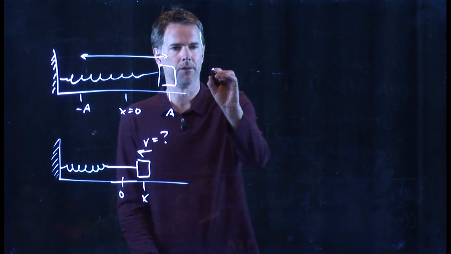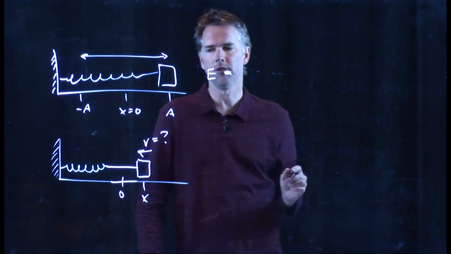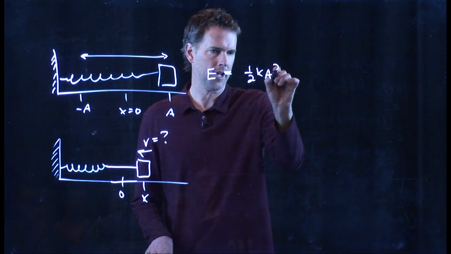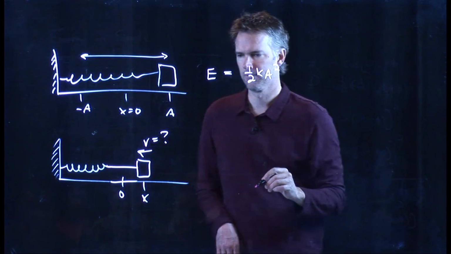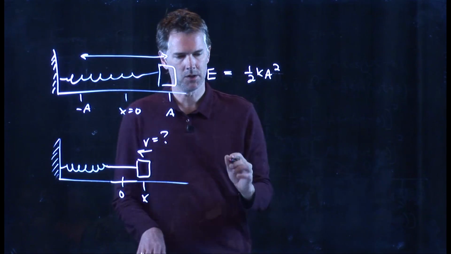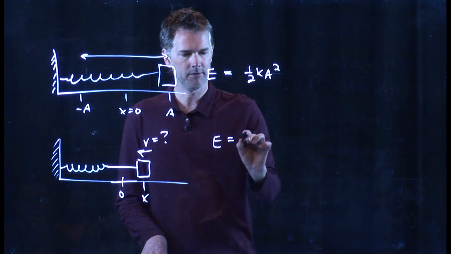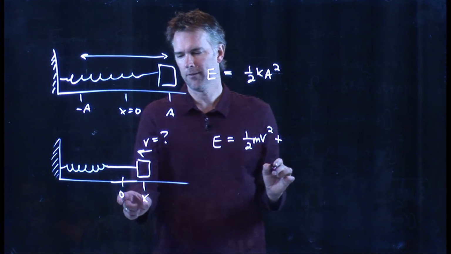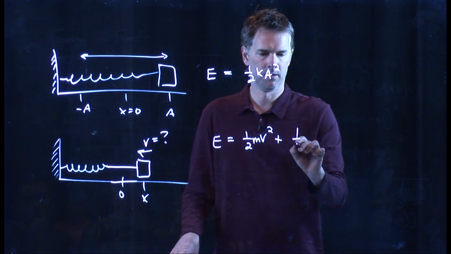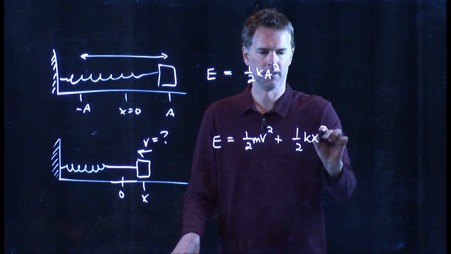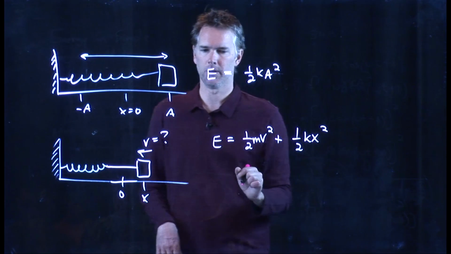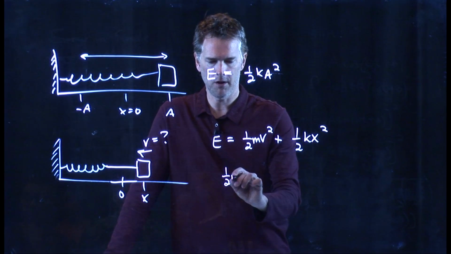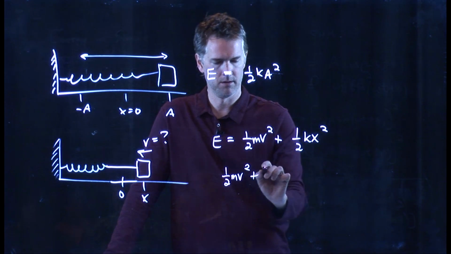Okay, what do we do? Well, conservation of energy tells us that energy has to go somewhere. This is 1/2 k a squared. At this location, we have kinetic energy, 1/2 m v squared, but we still have a little bit of stretch of that spring. And so we have to include that in our equation. And now if we set these equal, we can solve this thing for v.